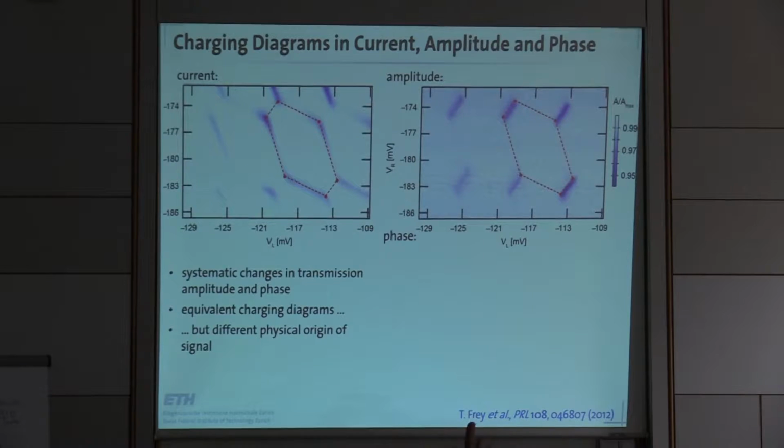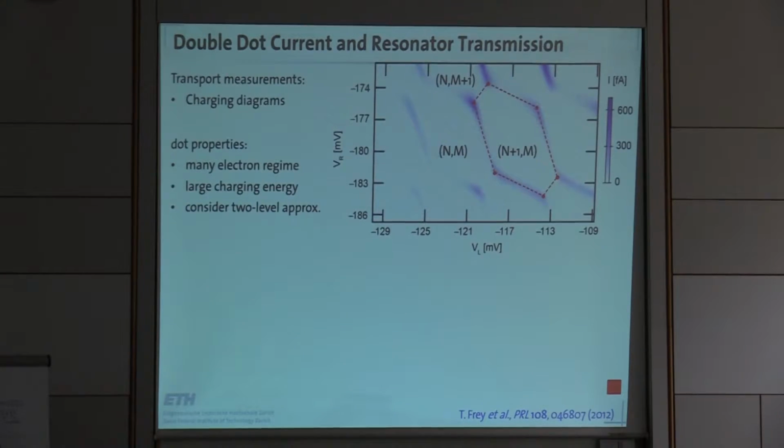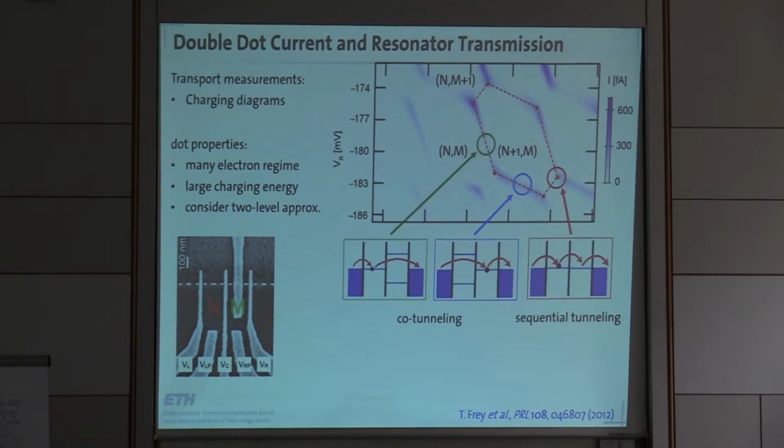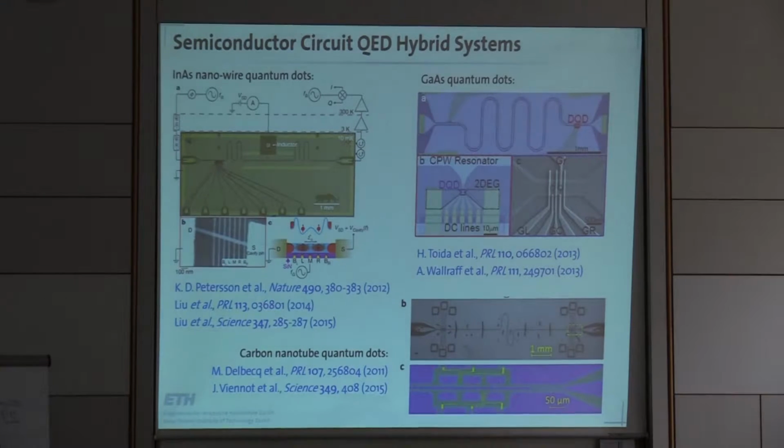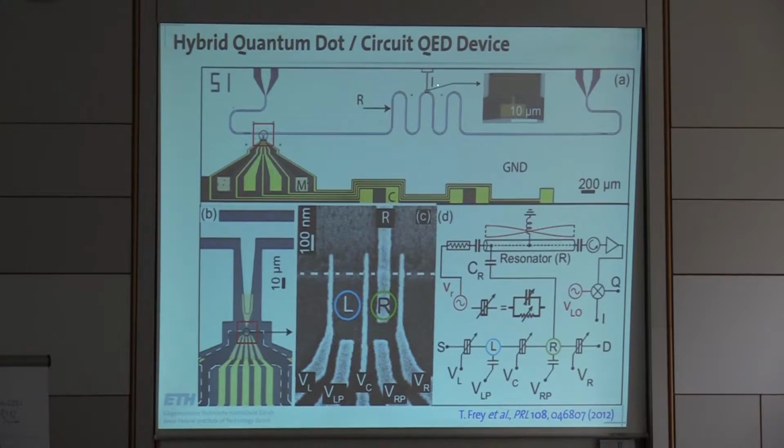So the gate which couples capacitively the dot to the resonator, is it grounded on one side? No. Floating? Yeah, okay, good. So here's how it's done.